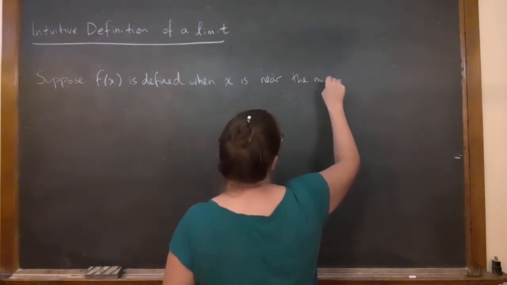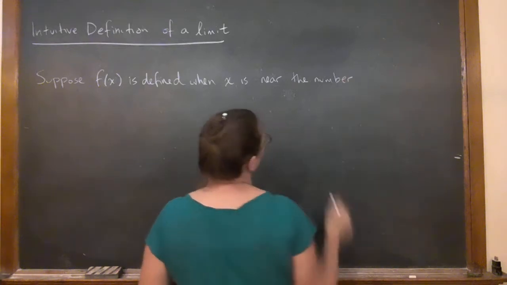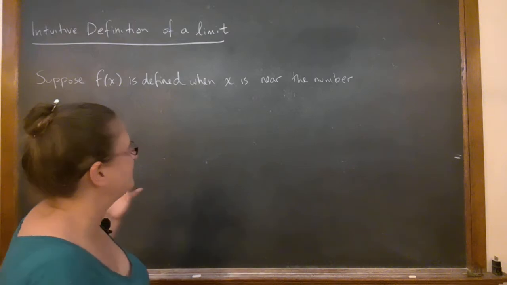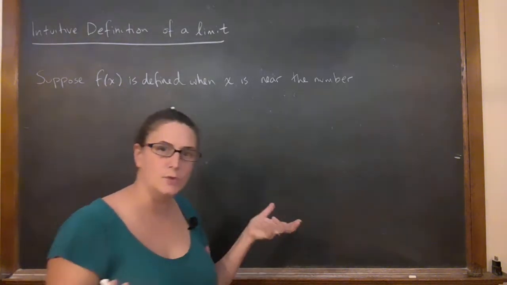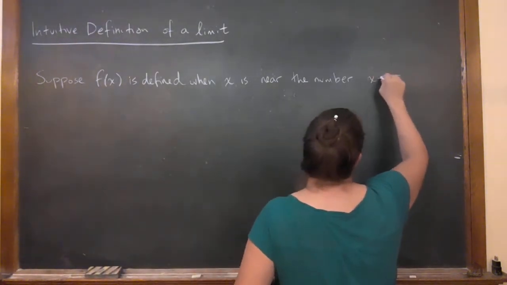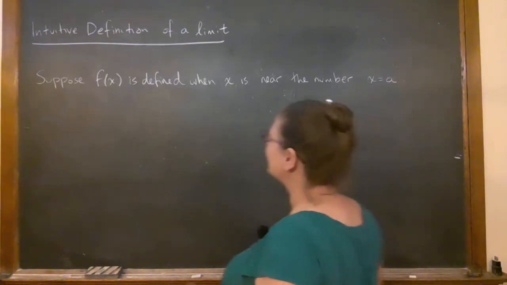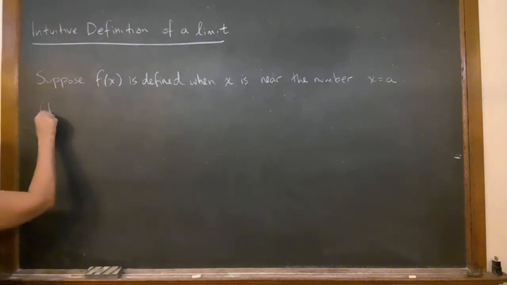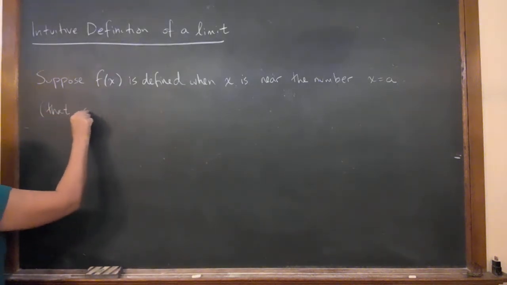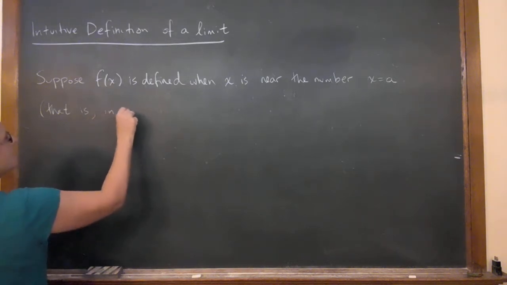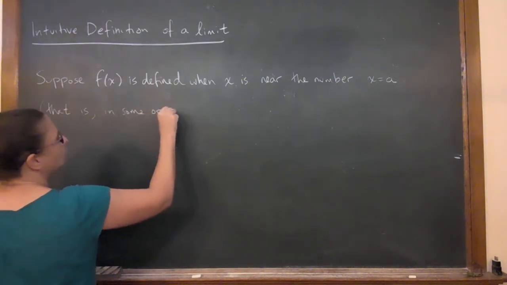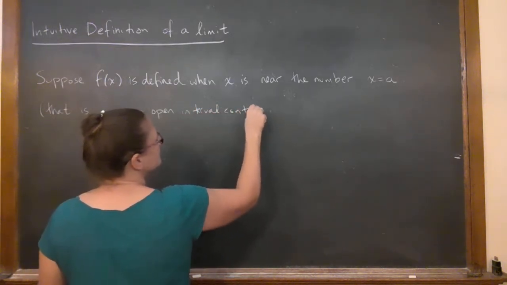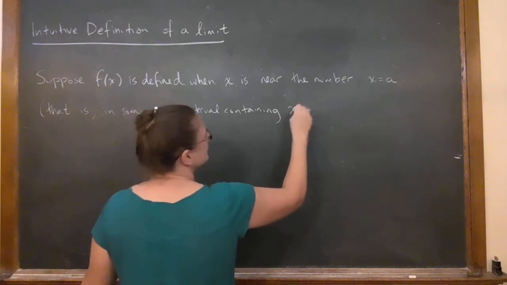This actually means near everywhere but at the point a, meaning that f is defined in some open interval around a. It doesn't necessarily have to be defined at a, but let me just write that: in some open interval containing x equals a.